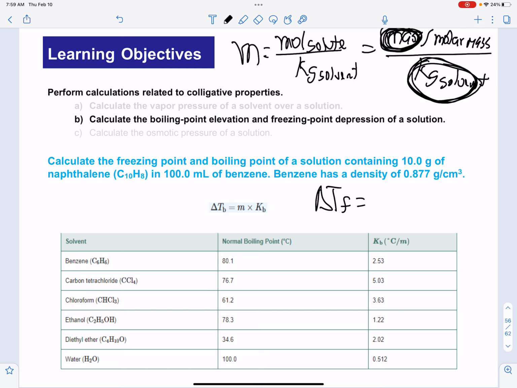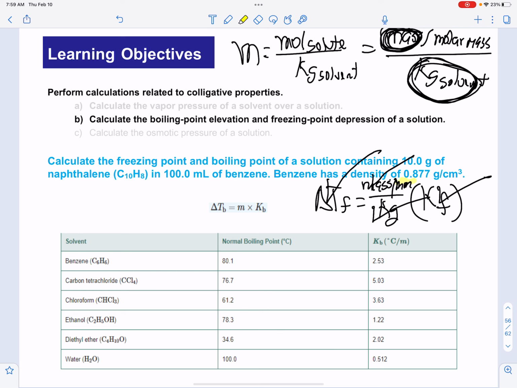I can find this value from the table, and I know that molality is mass divided by molar mass divided by kilograms. So this I get from the table, this I can measure, this I can measure the change with a thermometer, so that will allow me to find the molar mass. So this is an excellent way to find the molar mass of a new compound that I just created.